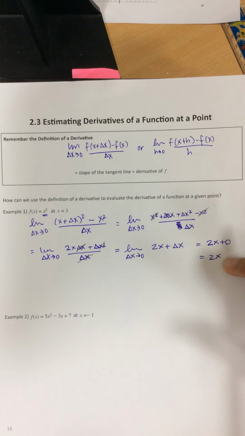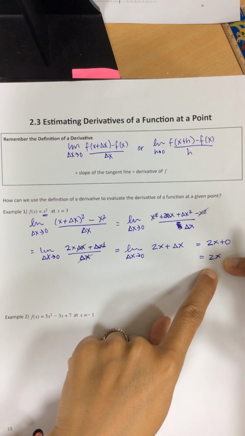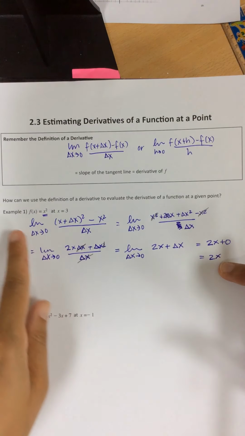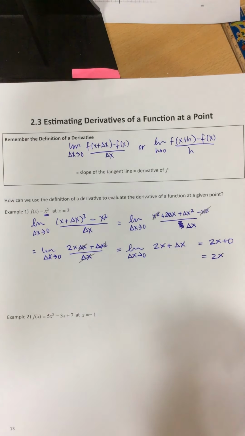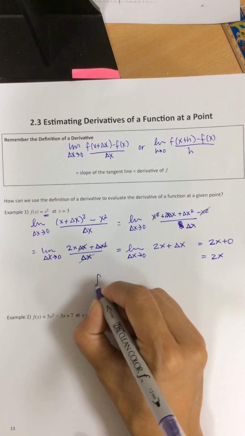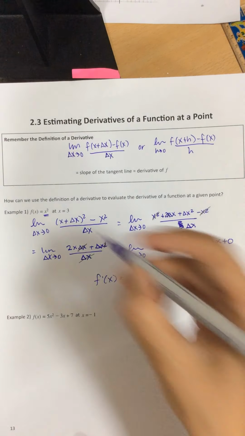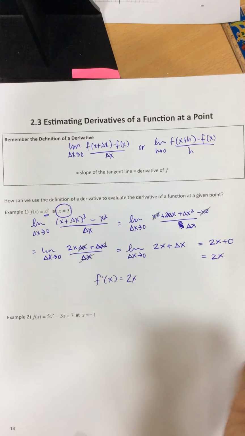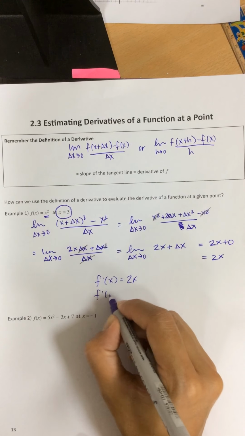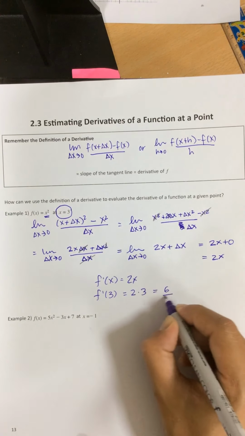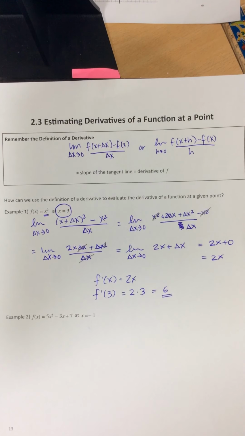Okay, so this is the expression, equation, formula, whatever you want to call it, that's going to give me the derivative of this function. Okay, so f prime of x equals 2x. But now they're asking me what's the value of the derivative at 3. Okay, f prime of 3 equals 2 times 3. It equals 6. That's the answer.